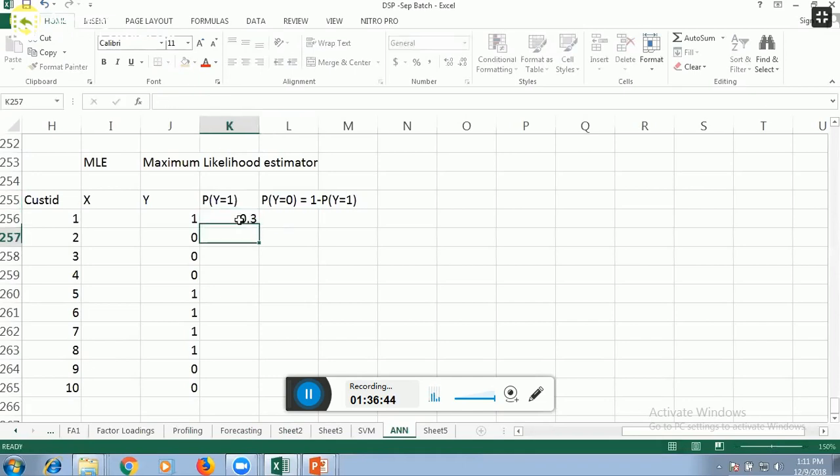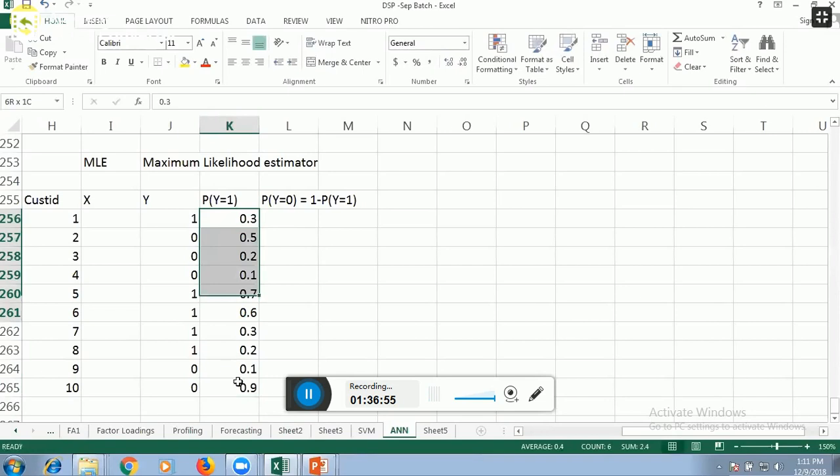So you got 0.3, 0.4, 0.2, 0.1, 0.7, 0.6. Assuming this is your y and this is your probability of y, what is your 1 minus the probability of y?